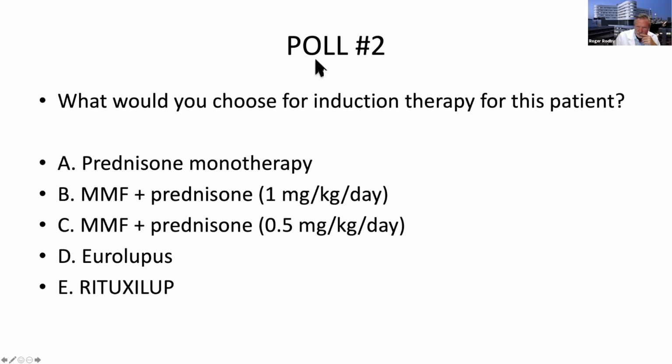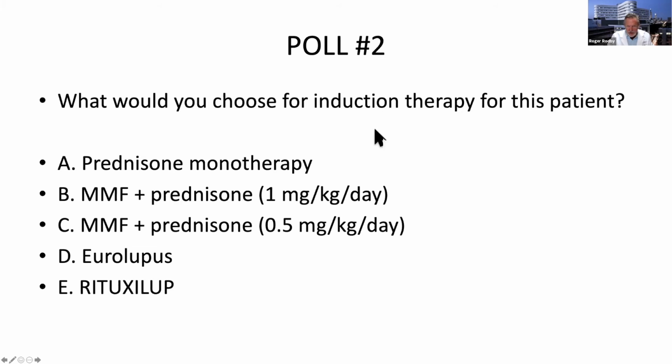Sharing the results. We've got 1 person for prednisone monotherapy. About half the people, the majority, say standard induction therapy, MMF plus regular dose prednisone at 1 milligram per kilogram per day.